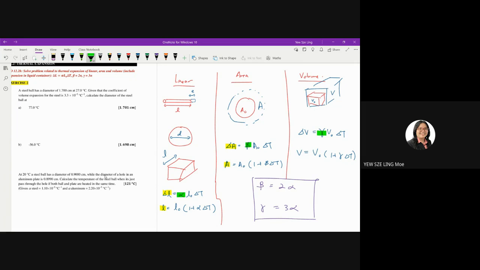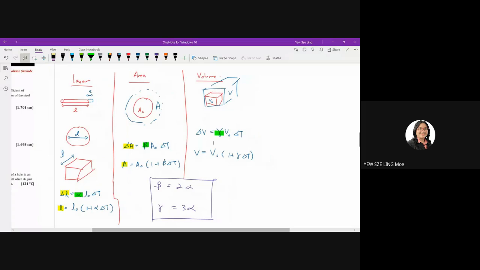when you compare two different objects. And that's why when it comes to volume, when you place something inside a container and you heat it up, let's say now this is an example. So now you have a container and then you have a liquid. You fill it up to the edge of the container, and then you heat up both of them together.